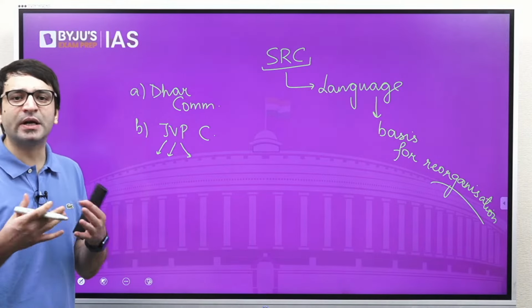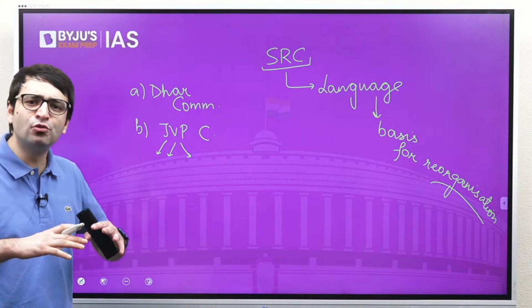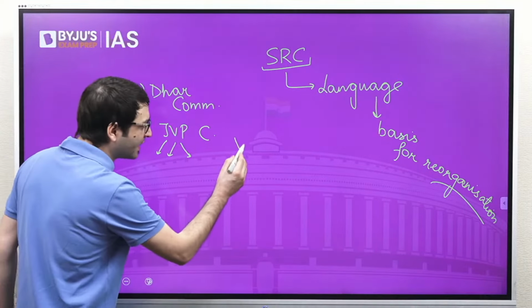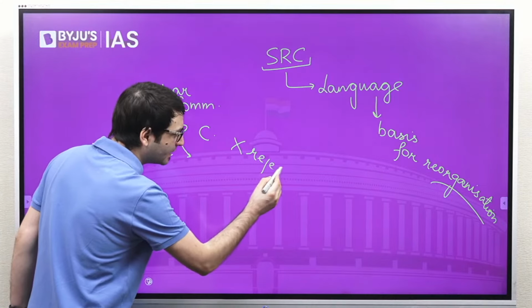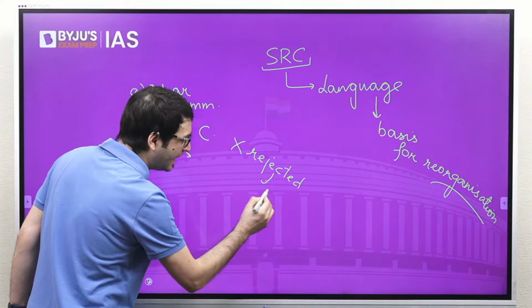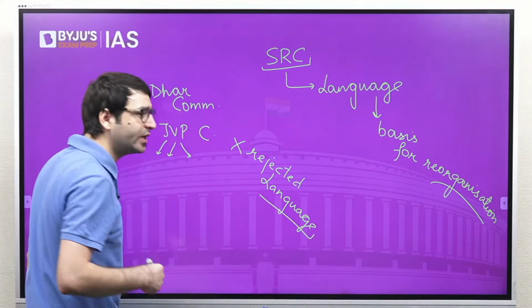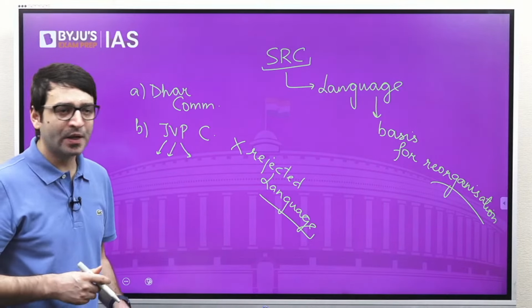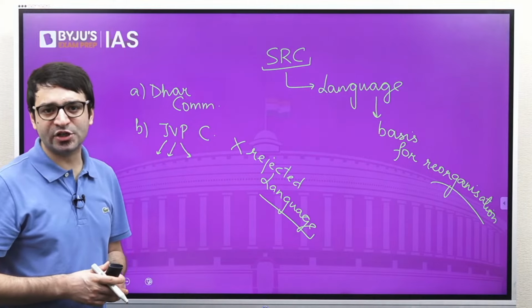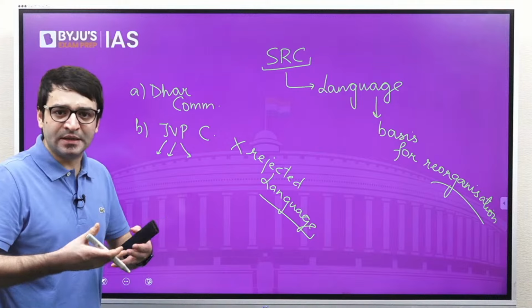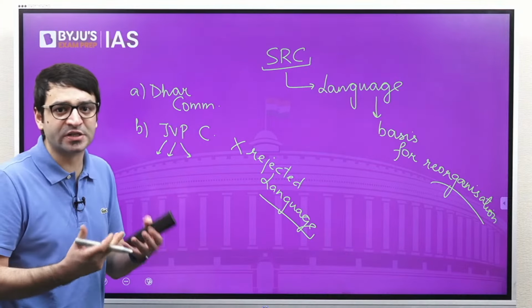Both these committees were asked to suggest how we should reorganize the country. And both of them rejected language as a criteria to reorganize the country, to create more and more states. But it was the States Reorganization Commission which recommended that no, language can be the basis for reorganization of this country.